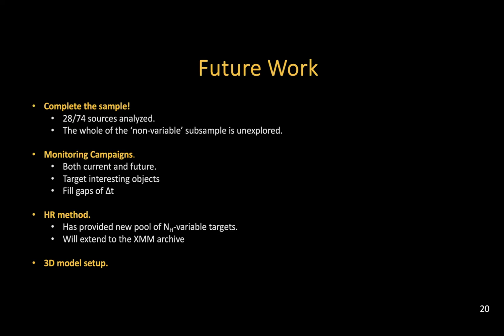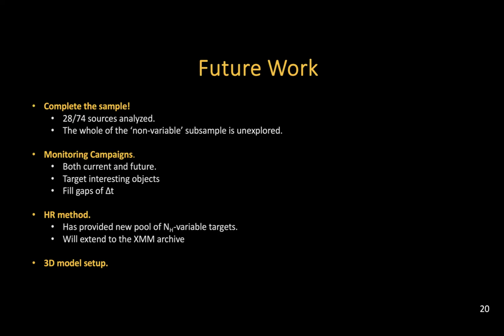Then we obviously want to do monitoring campaigns, and not just to have more sources and more observations, but also because there are some particular gaps in our time interval distribution between observations, because it's something we don't really have control over when we're using archival data.